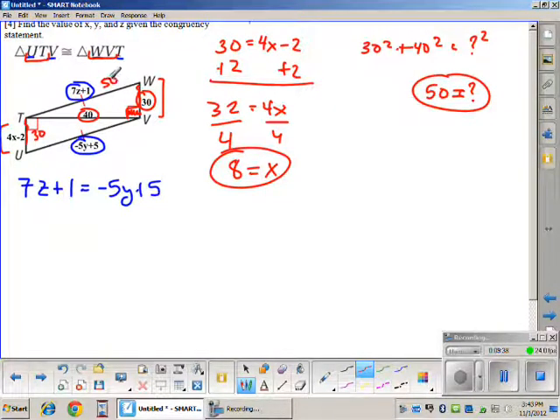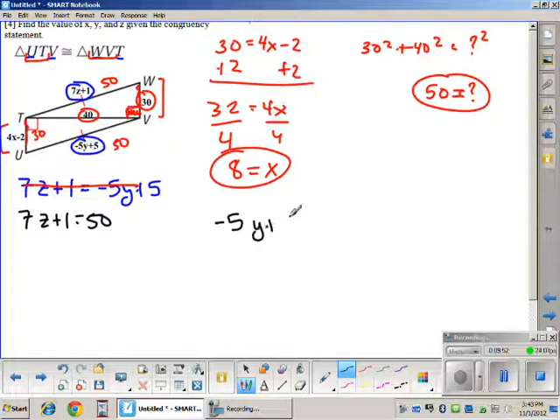We have to set up 2 separate equations where the 7z plus 1 is going to be equal to 50, and the negative 5y plus 5 is equal to 50. And from here we just solve algebraically. Let's subtract the 1's. So 7z equals 49. Divide both sides by 7. z is going to equal 7.